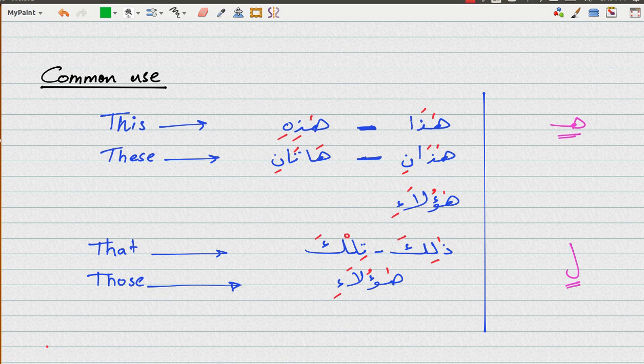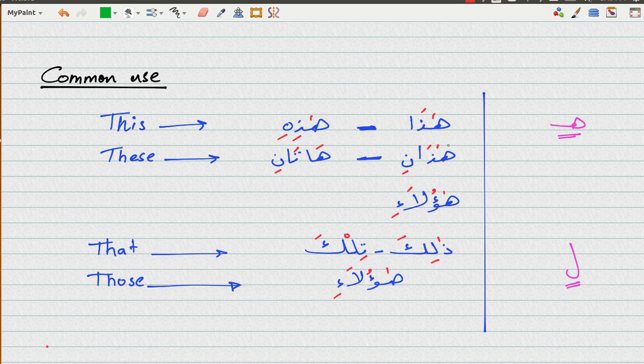If it's feminine, you would say هذه. If there are 2 and they're masculine, you'd say هذان. If there are 2 and they're feminine, you would say هاتان. If there is a group of people, you would say هؤلاء.